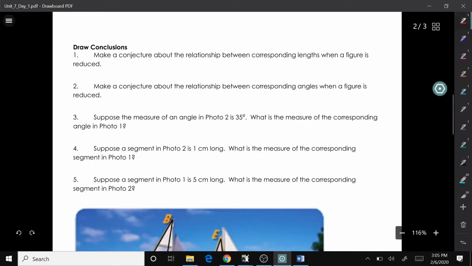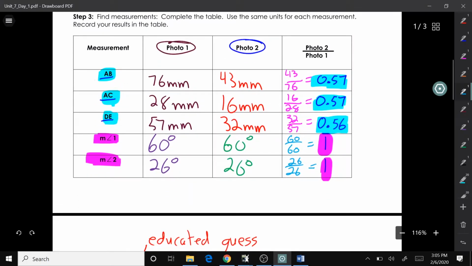All right, so we're asked to make a conjecture about the relationship between corresponding lengths when a figure is reduced. A conjecture is just an educated guess, kind of like a hypothesis in science class, where you look at some evidence and you make a guess about it. So looking at the lengths, the corresponding sides had the same ratio when we reduced them.